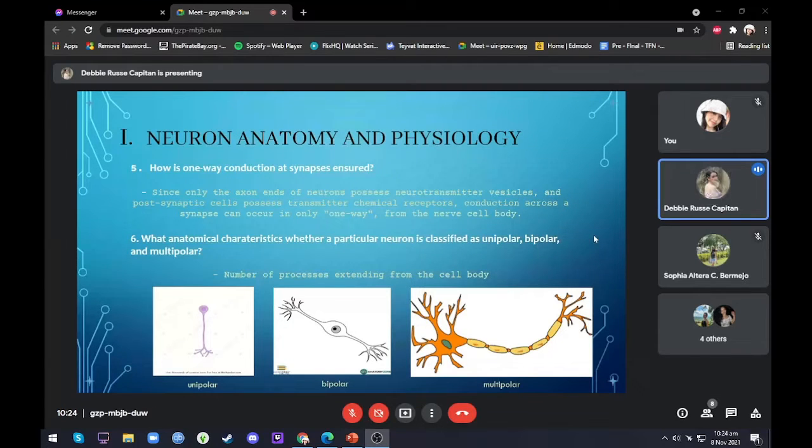Number 6, what anatomical characteristic determines whether a particular neuron is classified as unipolar, bipolar, or multipolar? Our answer is the number of processes extending from the cell body. We are also asked to provide a drawing of a unipolar, bipolar, and multipolar neuron, as you can see on your screen.